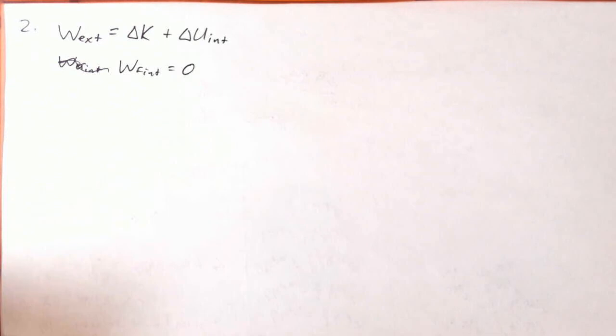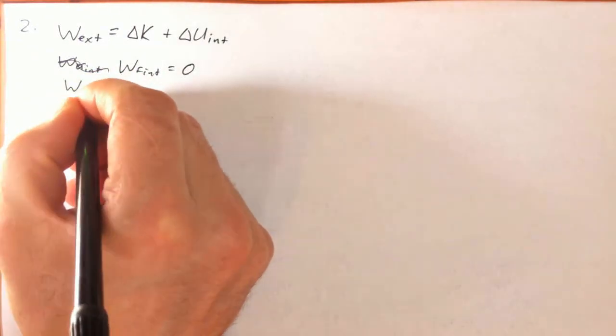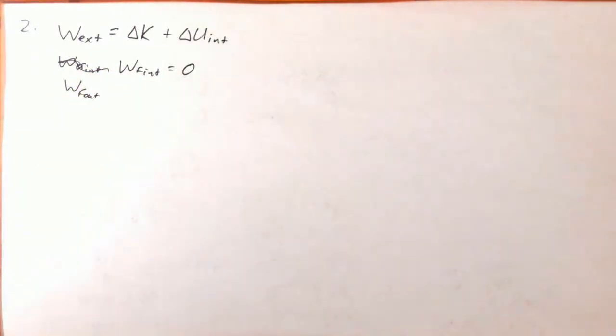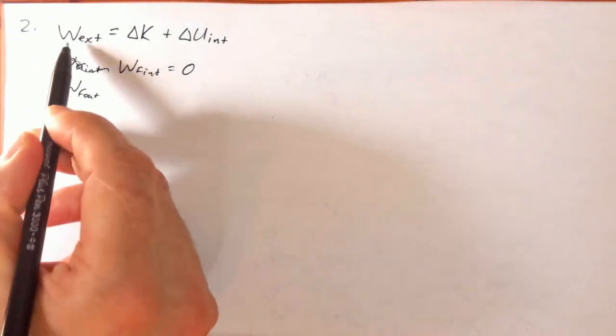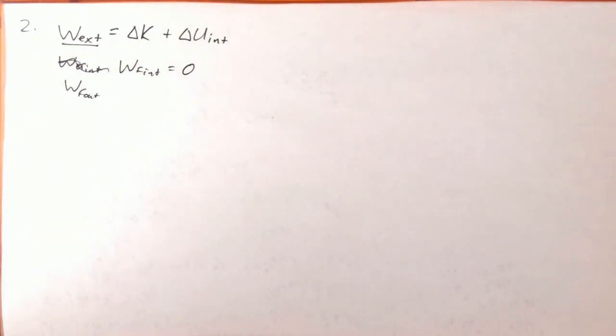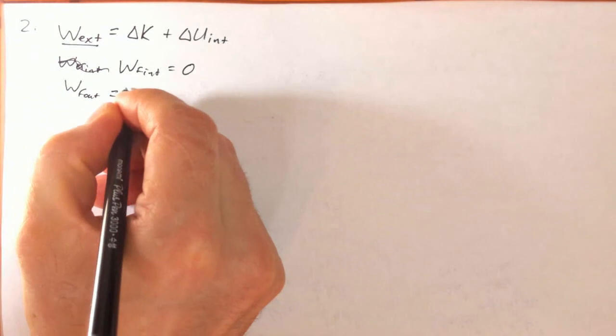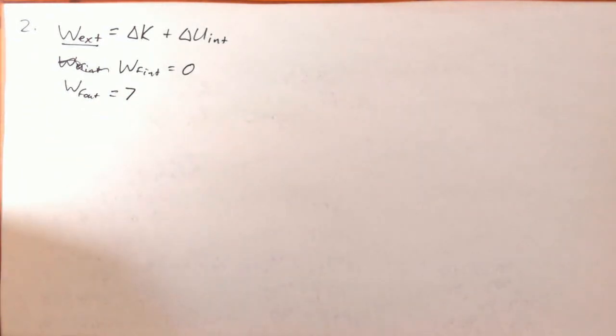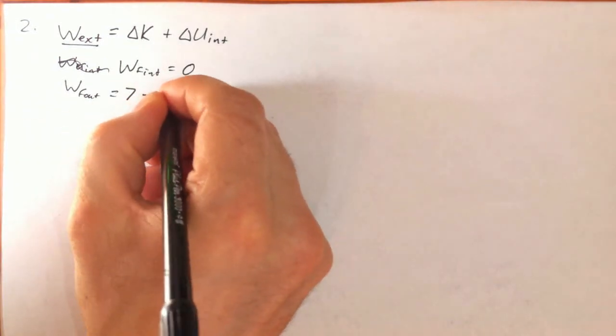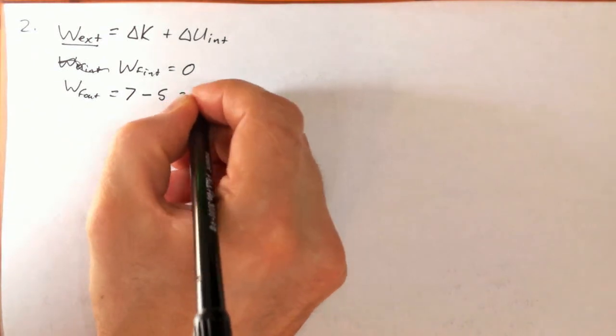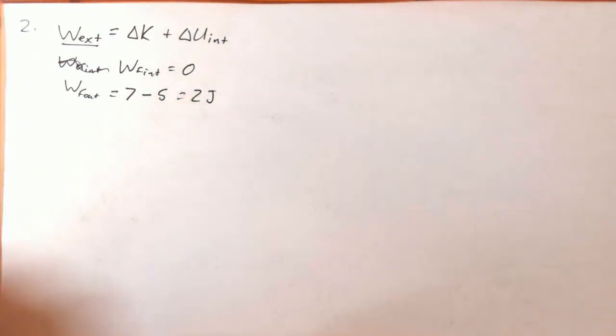If we choose it to be a potential energy inside our system, then it cannot do work on our system. All right, but what about the work done by forces outside, external to the system? Well, that's this number. That's what it means. And so we can plug in the 7 joules for the first case, and then a -5 joules for the second case, and that gives us a total of 2 joules. So work done from outside forces is just the numerical outcome of this side.